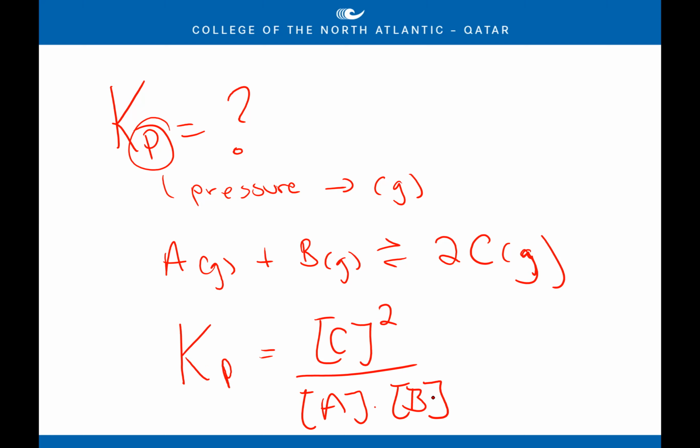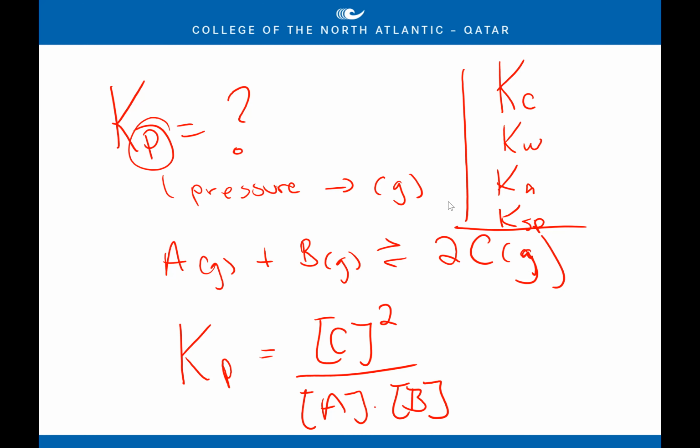You guys don't have to worry about that on your test tomorrow because we focused on KC and KW and KA and KSP. So it's KC, KW, KA, and KSP. But if you saw KP in your notes, it just means pressure, and it's for gases.